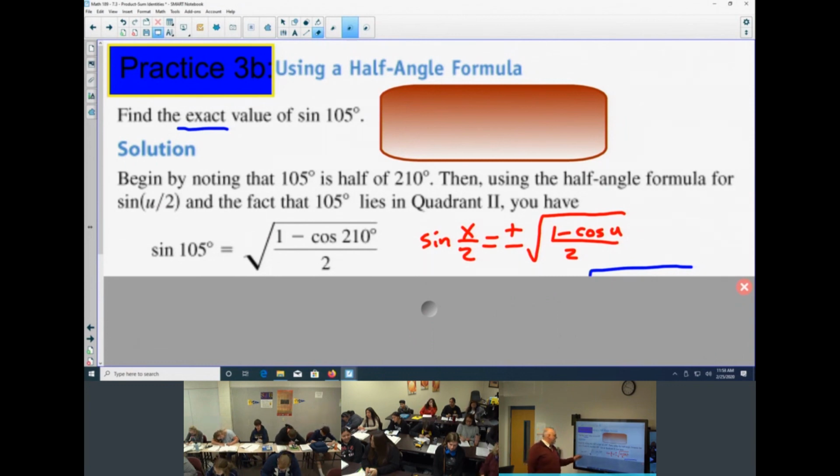So we know the answer is positive. So we didn't put the plus or minus here. So it's going to be 1 minus the cosine of 210 over 2. So what's the cosine of 210 from your unit circle? Seven pi sixths. That's the angle. I want the cosine.